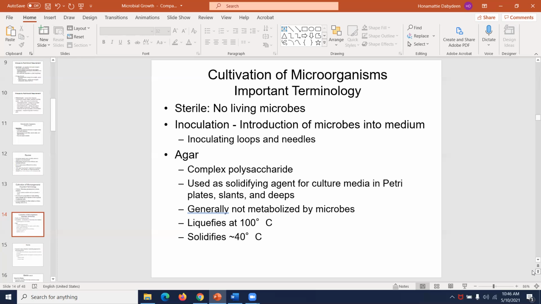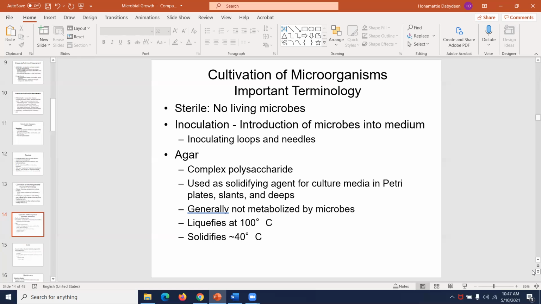One of the things that will help us make the different consistencies is something we call agar. Now, agar is a complex polysaccharide, usually extracted from seaweeds. And it is used as a solidifying agent in our culture media, whether it's on Petri dishes, plates, slants, or deeps, we use the agar.